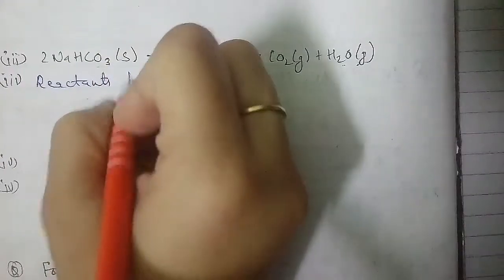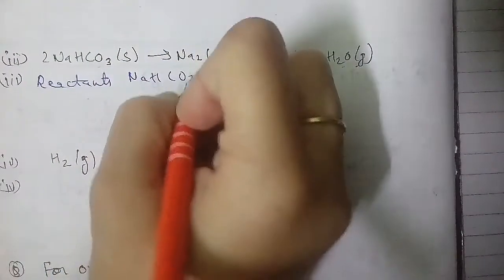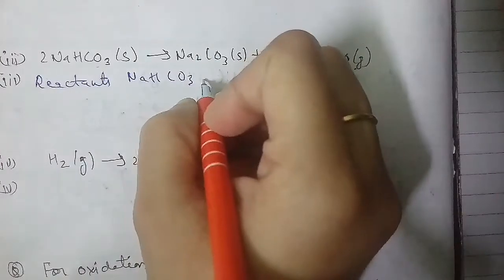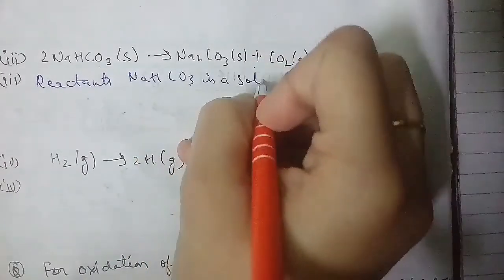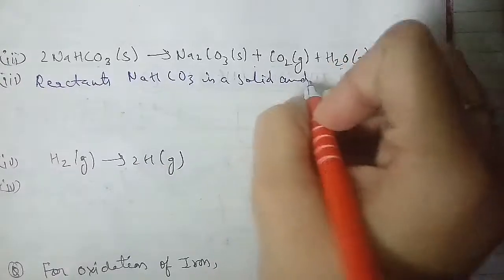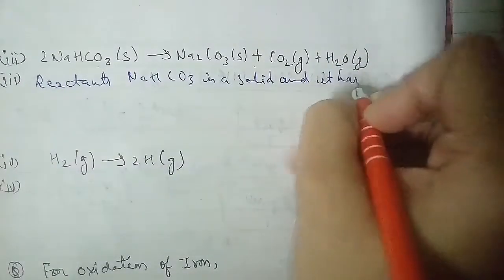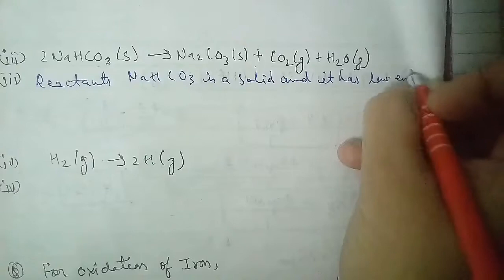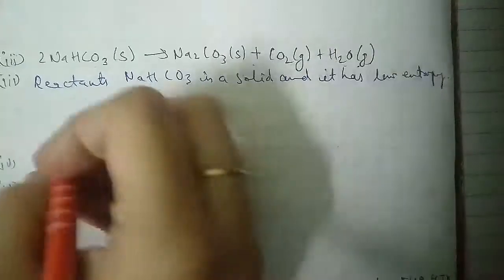Then 2 moles of H atom, that is hydrogen atom, have higher entropy than 1 mole of dihydrogen molecule.